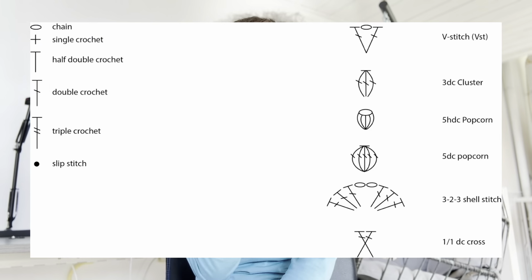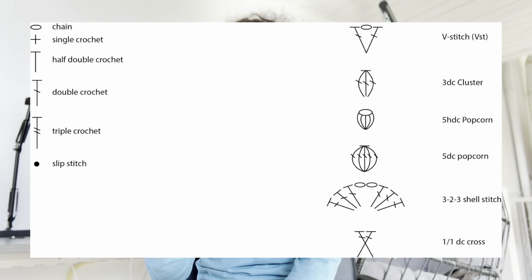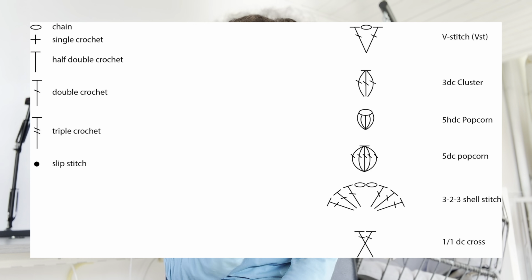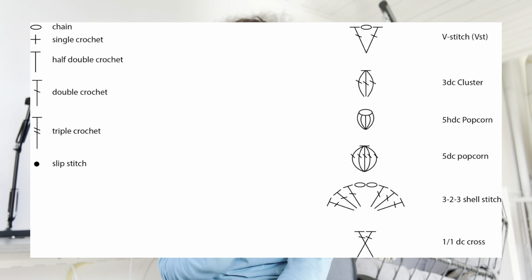There are specific symbols used in the crochet chart, and usually each symbol represents a stitch. Here is a picture with the most common symbols, the most common stitches: a chain, a single crochet, double crochet, triple crochet, and a slip stitch. I think these are the most common.